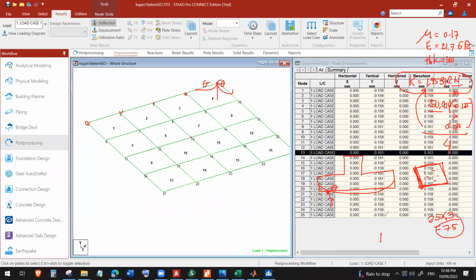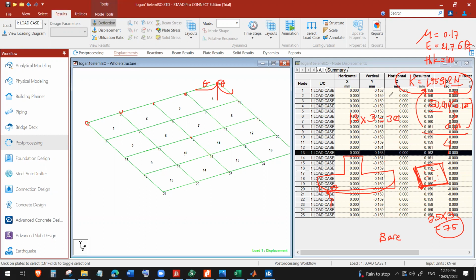So node 13 corresponds to DOF 37, because 13 times 3 is 39.